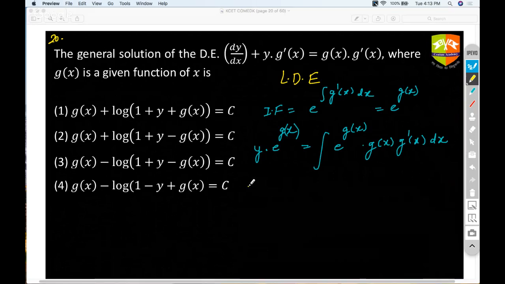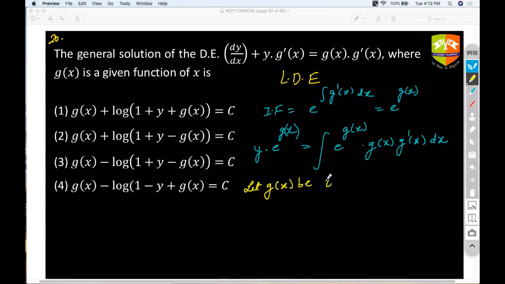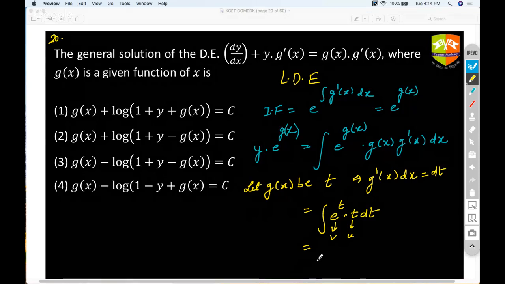So if I take g of x to be, let's say, t, I can say g dash x dx will be dt. So the right hand side part I can write as integral of e to the power t into t dt. Okay. So I can apply integration by parts, treating this as my second function and this as my first function.